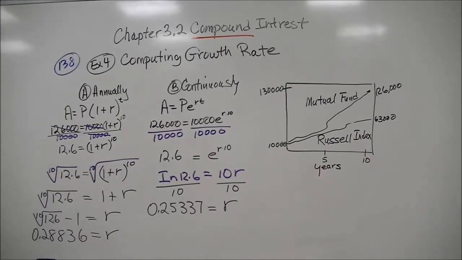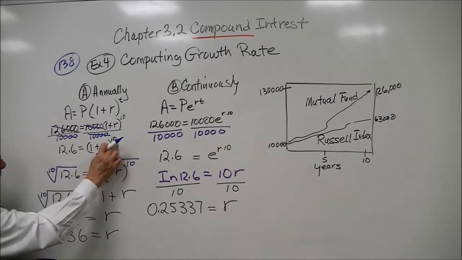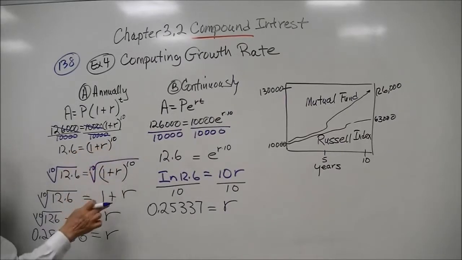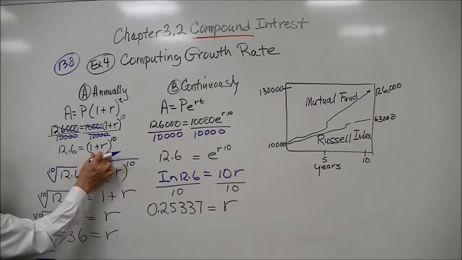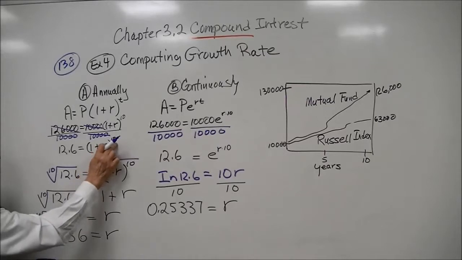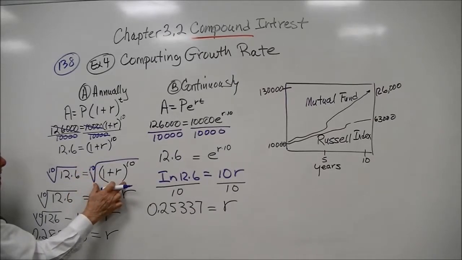Now here's where your algebra skill may come in, but fortunately you could use a calculator. Now, when you have something to the power of 10, and you want to get rid of that exponent, the rule is you take the radical of that expression using whatever number they have here as an exponent as your index number in your radical sign.